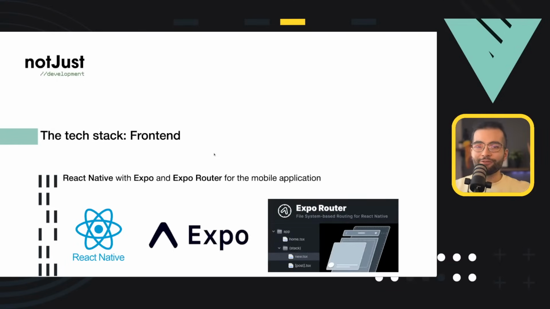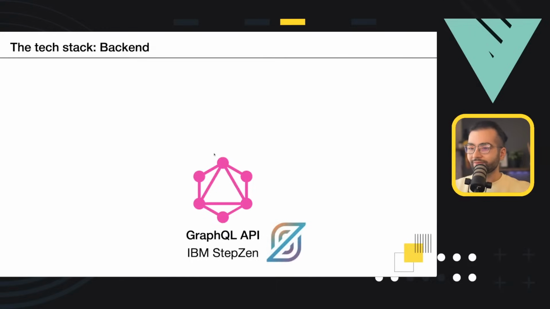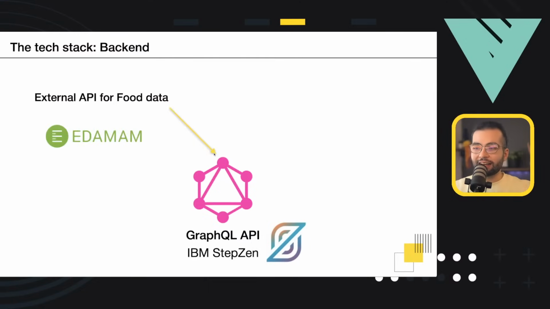For the tech stack, the front end is going to be, of course, React Native with Expo. And of course, we're also going to use Expo Router for the navigation. We don't have a lot of screens, but anyway, Expo Router is going to help us easier create different screens and navigate between them. On the backend, we're going to create a GraphQL API using IBM StepZen, and we're going to connect it with different data sources.